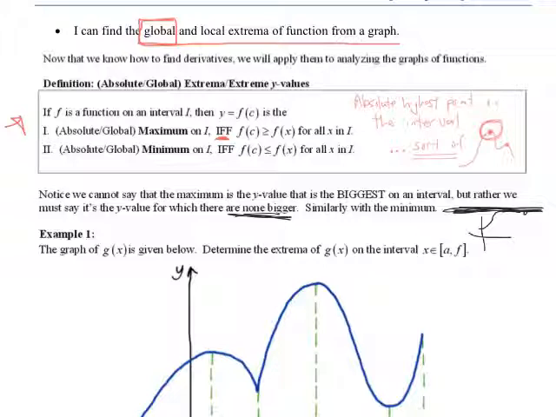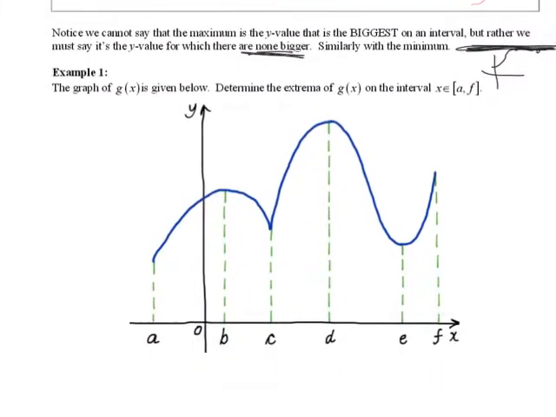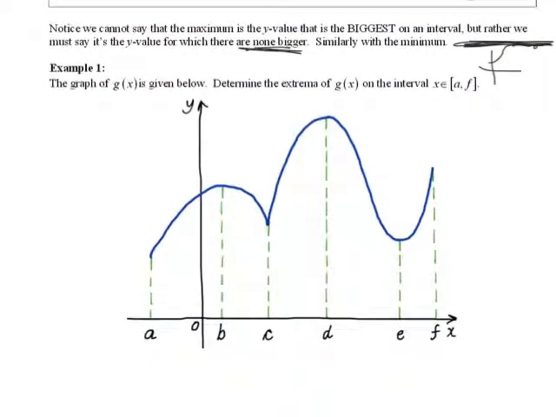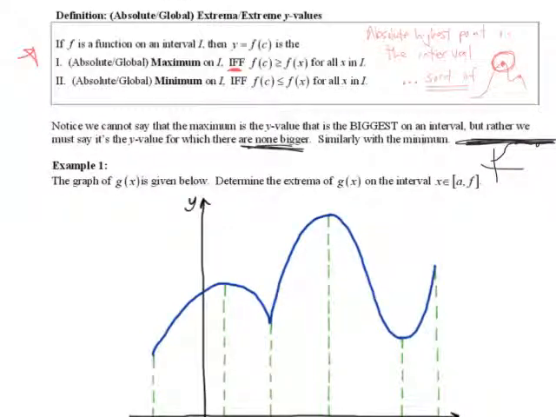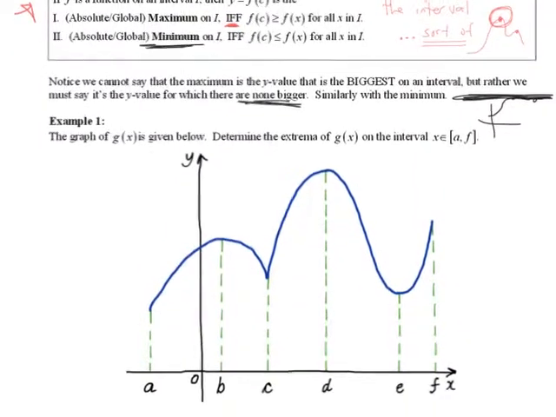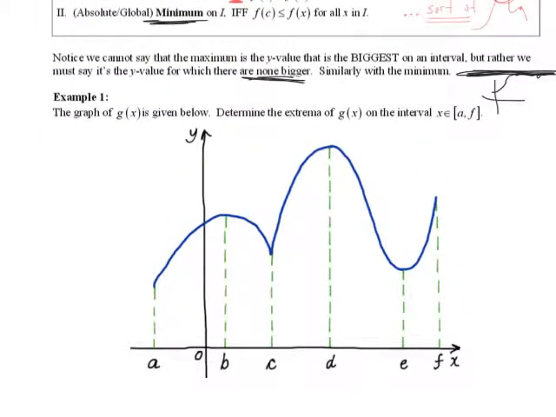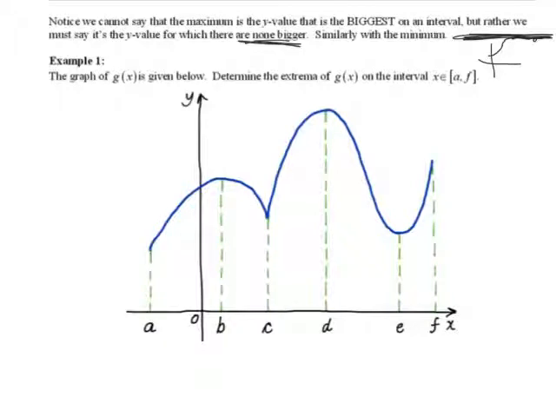So it's just the highest value. There are none bigger than that value. Anyways, let's look at this graph here and talk about absolute max and mins. I won't talk about mins in depth. Min is just, instead of being the highest point, it's the lowest point, or the point for which there are none smaller.